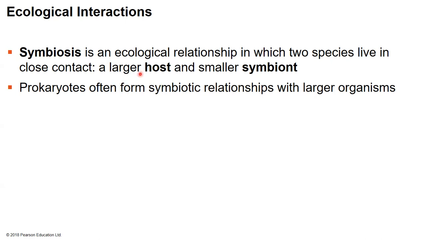One is a larger host, and then we have a smaller organism called symbionte. So the larger organism is called the host, and the smaller organism is called symbionte. For example, we have a symbiotic relationship between prokaryotes, which are the symbionte, and larger organisms like humans or other animals, which are called, in this case, the host. Okay.